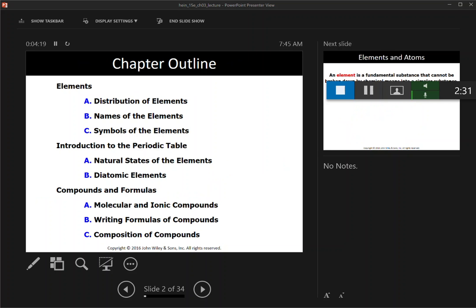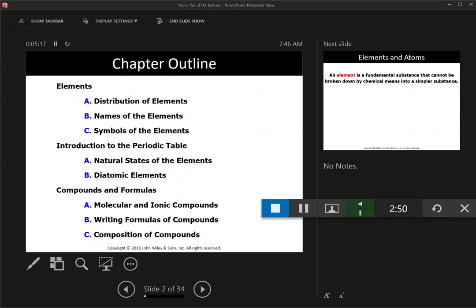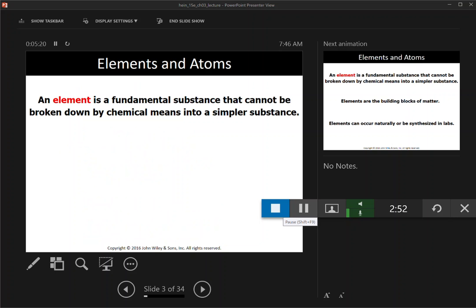So we're going to start the chapter by distribution of elements, what elements we have in the periodic table, their names, and also the symbols. And then from there, we're going to look at some compounds. So an element is a fundamental substance that cannot be broken by any chemical means into anything simpler, and the elements are basically the building blocks of matter.